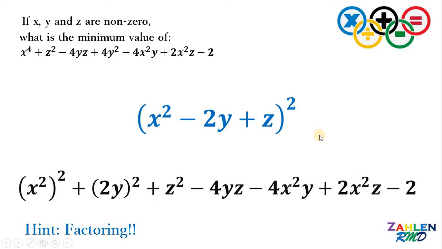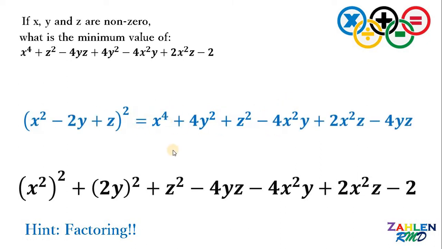Now, let's see what will happen if we expand x squared minus 2y plus z quantity squared. If we do that, we get x to the fourth power plus 4y squared plus z squared minus 4x squared y. We have minus 4x squared y plus 2x squared z. We have 2x squared z right here.